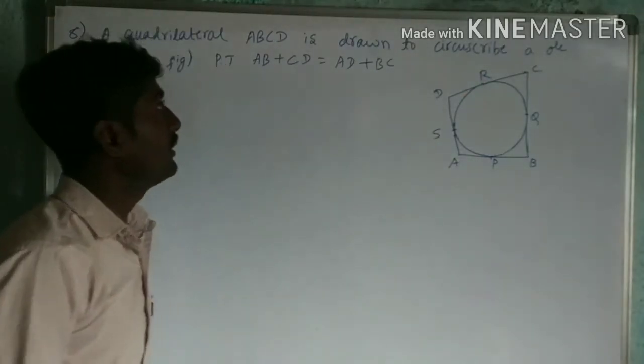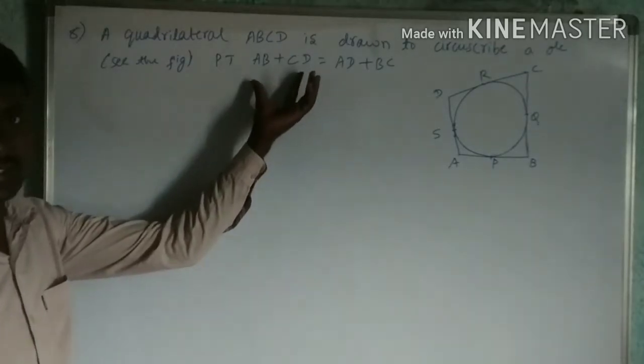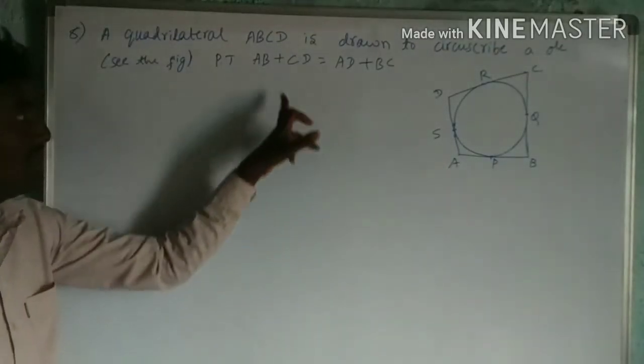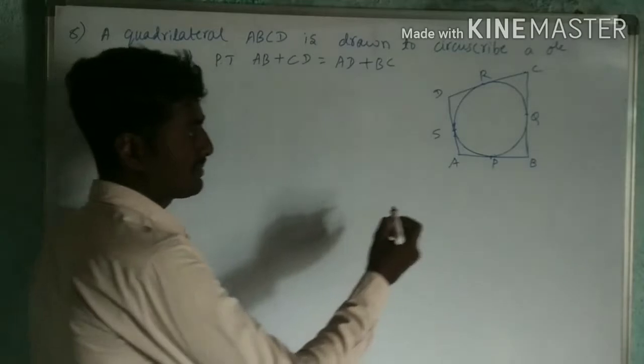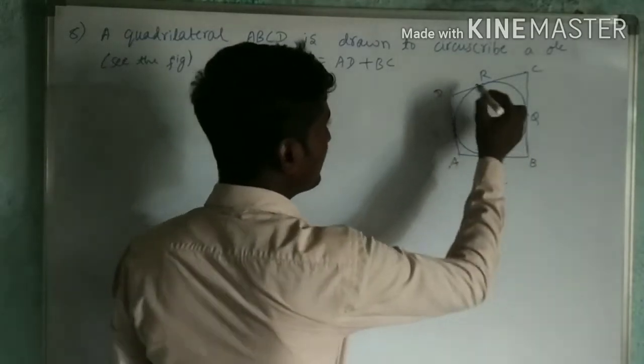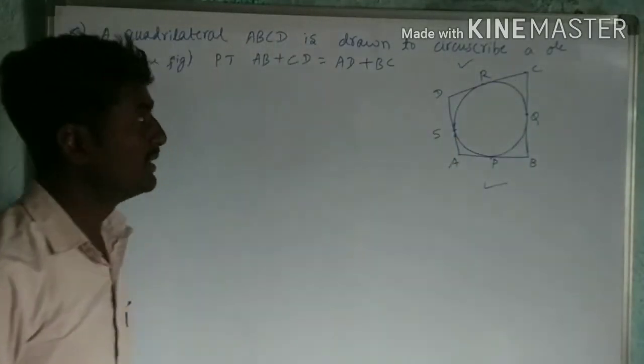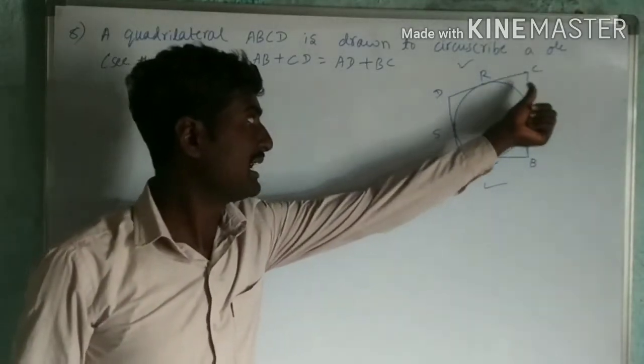Now on the left side I want AB plus CD, these two sides, so I will use the same concept.